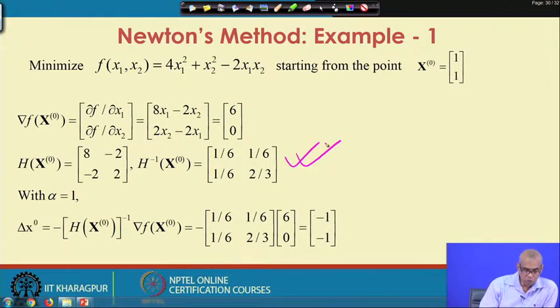Now, with alpha equal to 1, x k plus 1 minus x k, which is delta x 0, is minus Hessian inverse into gradient. So, this is obtained as minus 1 minus 1. So, delta x 0 is minus 1 minus 1.